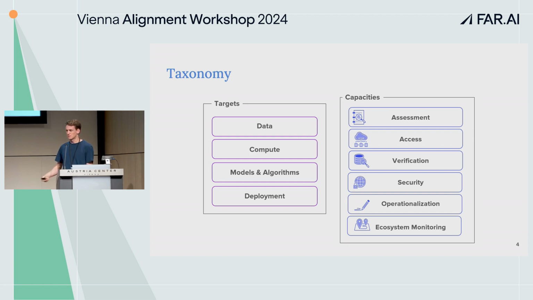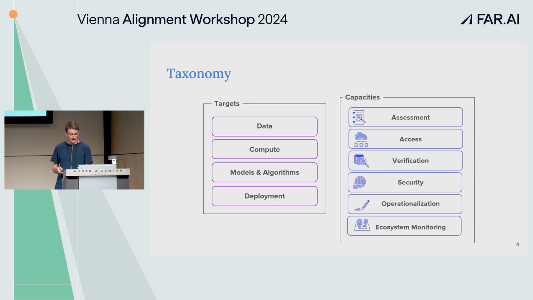Just to give a few examples of the open problems that fit in the different categories here: we've heard quite a bit about evaluations today, so model evaluations would be in models intersecting with assessment. We also have other things, such as verification and data.